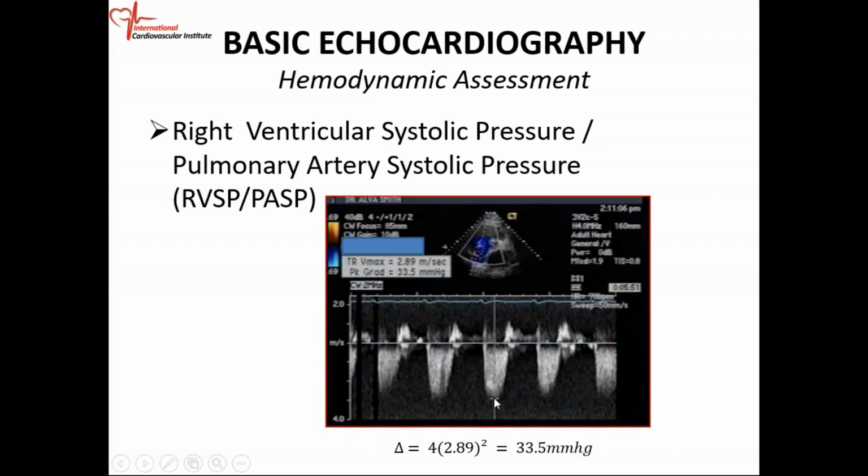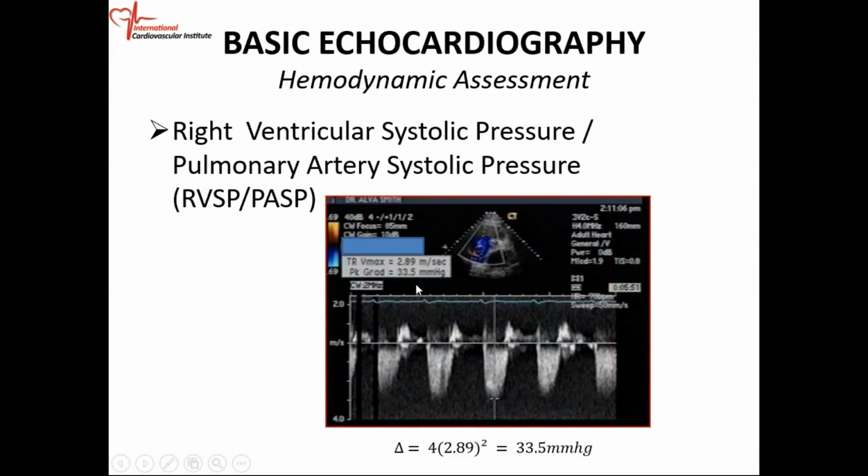So this is the gradient across the tricuspid valve, because blood is flowing from the right ventricle across the tricuspid valve into the right atrium. So the pressure difference between the RV and the RA, that's what we call the gradient.